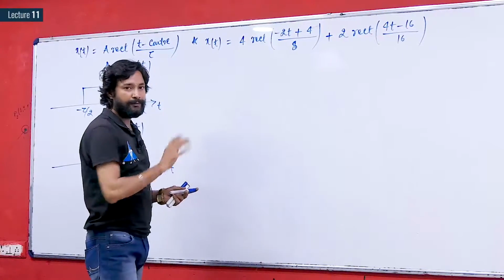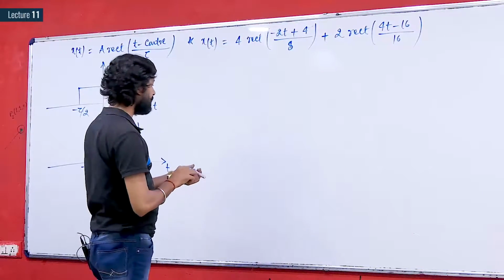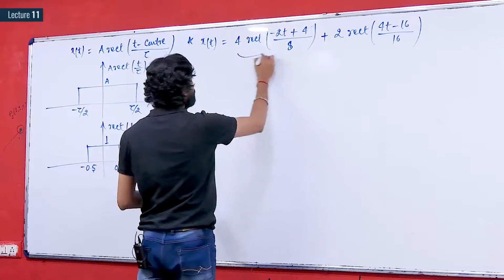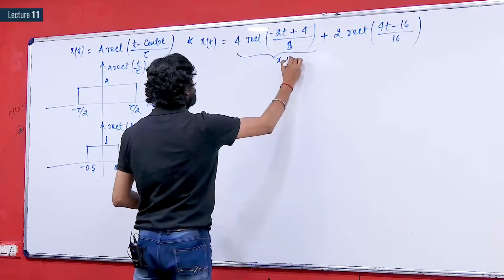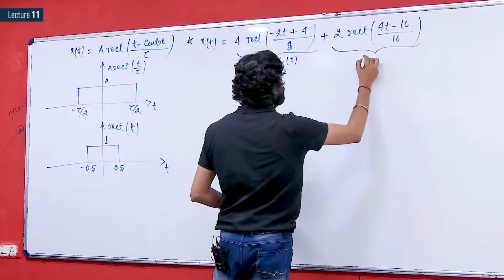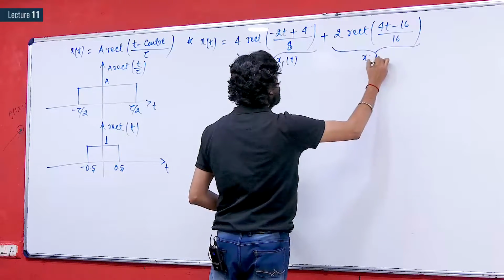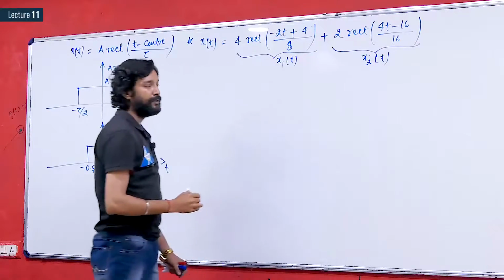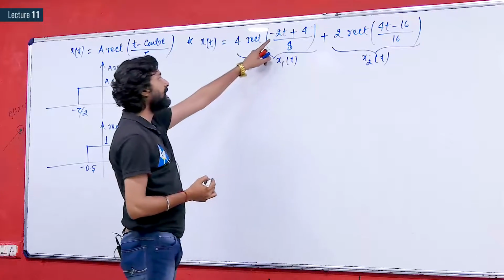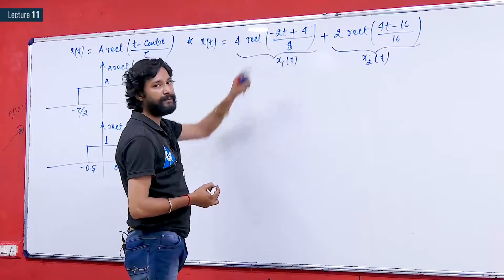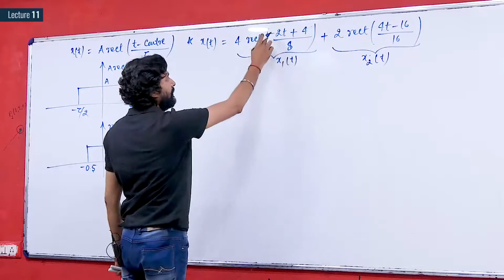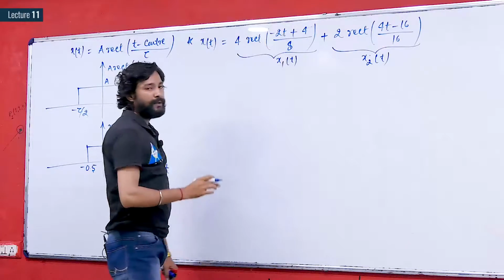So first you have to represent both rectangles. Let the first function be x1 of t and the second be x2 of t, so x of t is the sum of these two signals x1 of t and x2 of t. Now, as you can see, this rectangular function has time reversal, so you can take the negative value common and discard it.